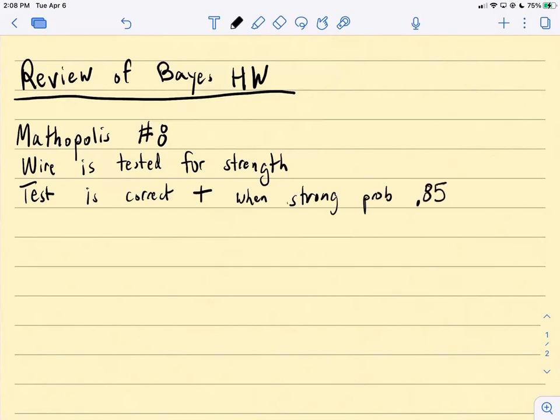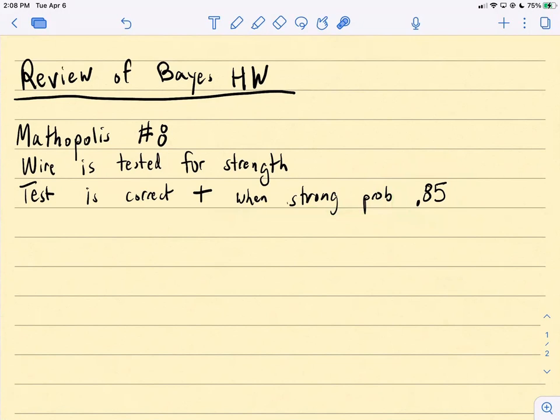Just really quickly, what type of probability is this 0.85? What do we call this type of probability? If you say this test is correct when it's a strong wire, the probability that it's going to be correct is 0.85. Nice, Angel says a conditional probability. That's exactly right.